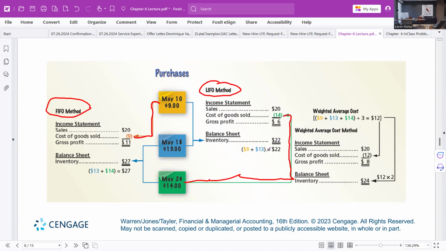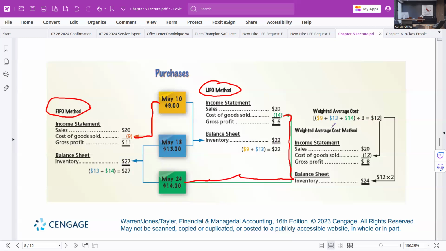And so the first ones are going to be in the ending inventory, the 9 and the 13. So FIFO, the first costs in, are the first ones out to cost of goods sold. And the last ones are in the ending inventory. LIFO, the last ones in are the first ones out to cost of goods sold. And the first ones are going to be in that ending inventory.